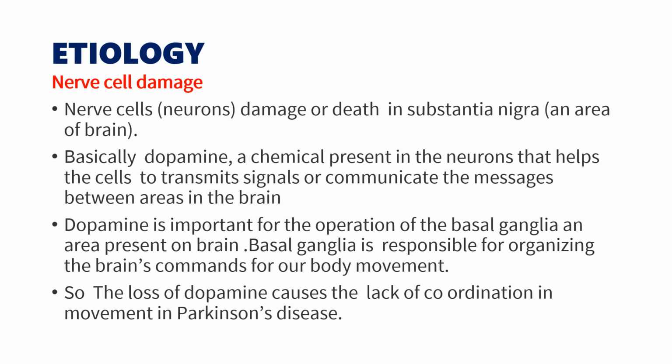Dopamine is a chemical substance present in neurons, and it is responsible for communicating messages between different areas of our brain. When the nerve cells get damaged, dopamine production is reduced, or a very small amount of dopamine is produced, and this leads to what?